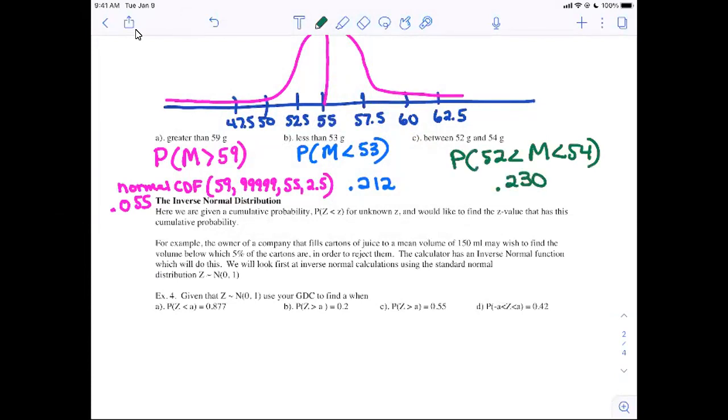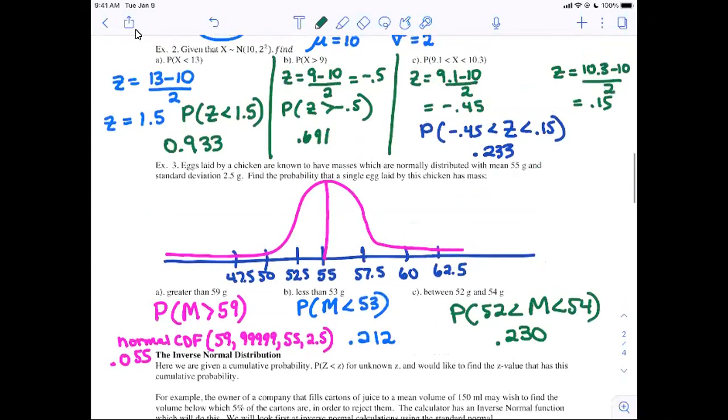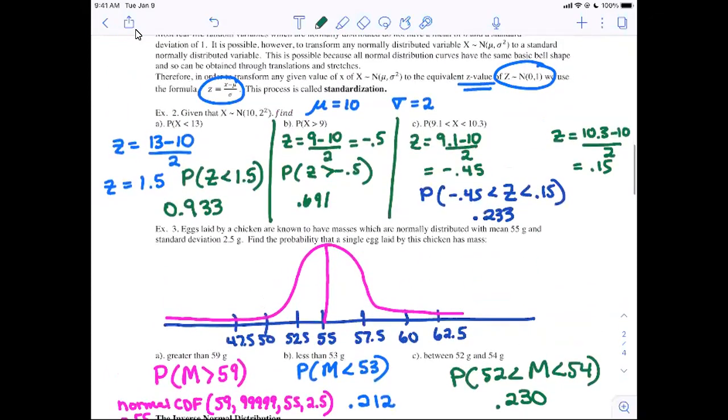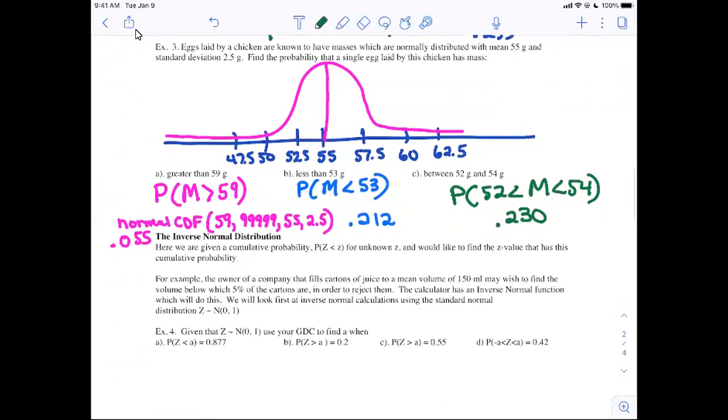Yeah, okay, good. Did you notice that we didn't have to standardize it? And technically, in example 2, I didn't have to standardize that. I could have entered that the mean was 10 and the standard deviation was 2. However, I was leading you to another part. I just needed you to know that skill because we're going to use it here.